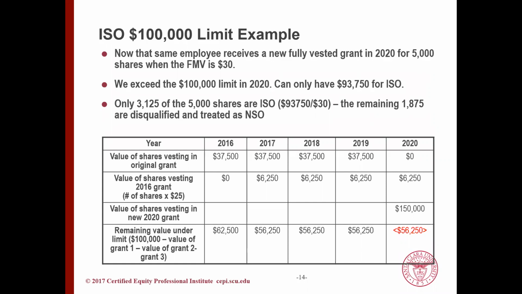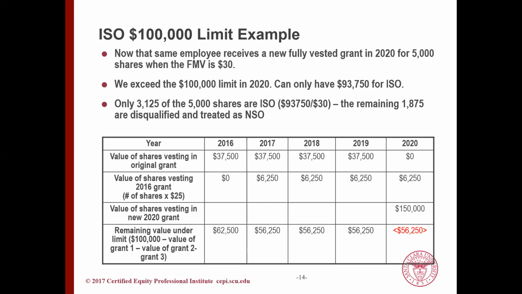However, there is a value from the 2016 grant vesting in 2020 with a value of $62.50. The value of the new grant received in 2020 is $150,000, and for 2020, we only have $93,750 left of the $100,000 value.